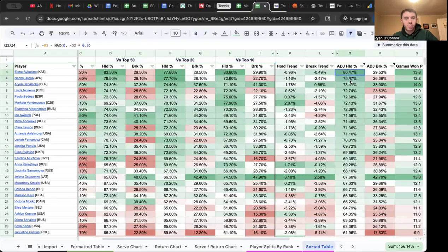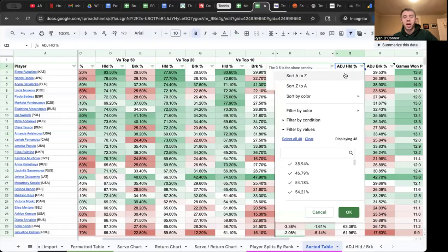So it's pretty similar to what it was in the beginning and some of the sorting that you've seen throughout, but it's just trying to be more accurate. It's Rybakina, Osaka, Sabalenka, Noskova, Badosa, Vondrousova, Alexandrova, Iga, Andreeva, Towson, Anisimova, who are pretty high up at the top.